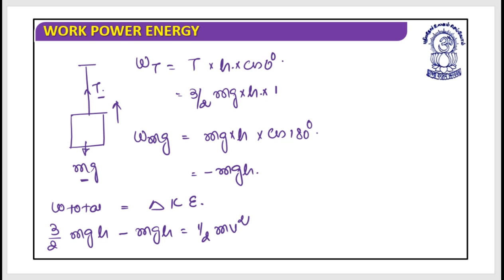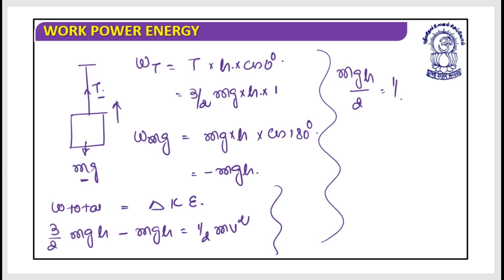Initially it was at rest, so nothing needs to be considered. So this is 3 by 2 mgh minus mgh. That could be written as mgh by 2, which should be equal to half into m into v square. The mass cancels, the 2 cancels, and v should be root of gh.